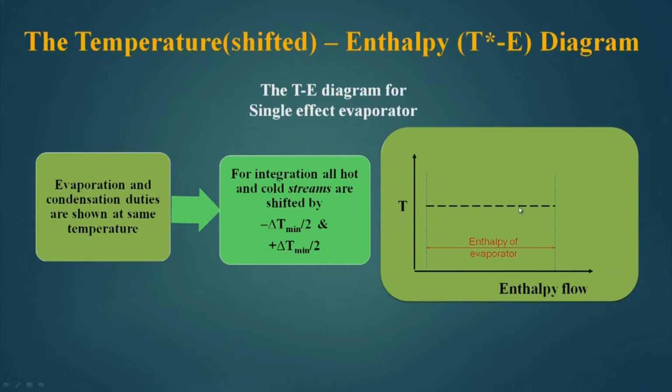So, this is the same line, but if I consider the boiling liquid to be a cold stream and the condensing vapor a hot stream, then they have to be shifted by delta T minimum by 2 either way, and the length of this line shows the enthalpy which a particular evaporator is handling.